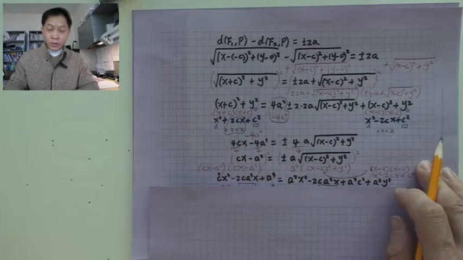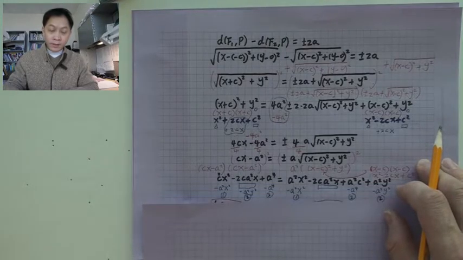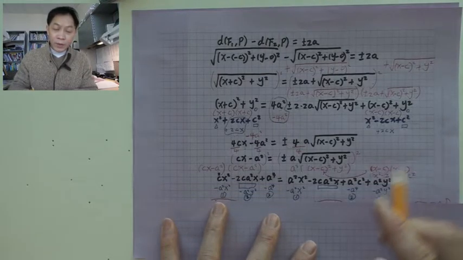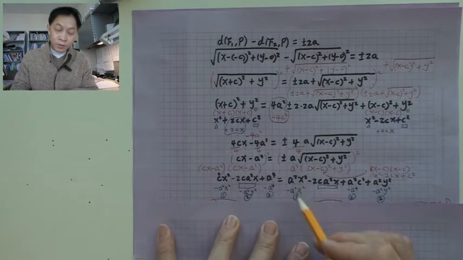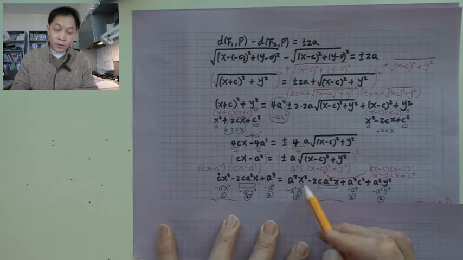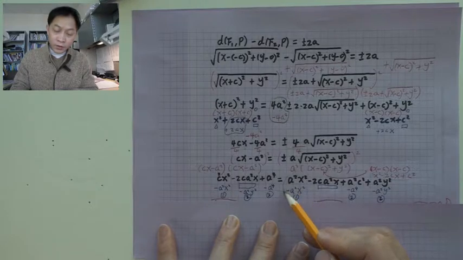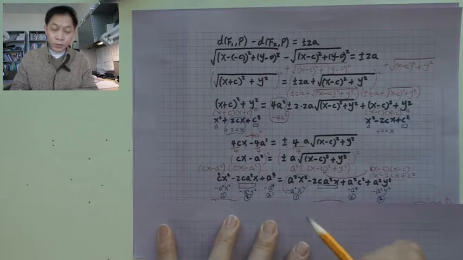Again, we need to see some cancellations right here. Okay. The first one we like to see is we like to move this one to the left. So both sides minus a squared x squared. Okay. So then you will cancel these two. That's the first thing we do.